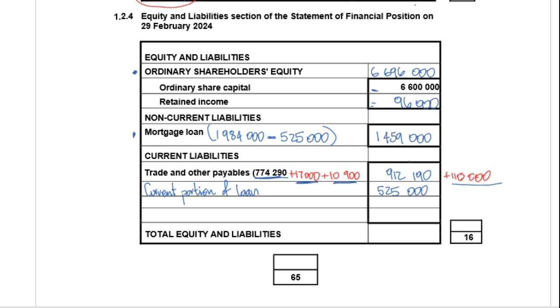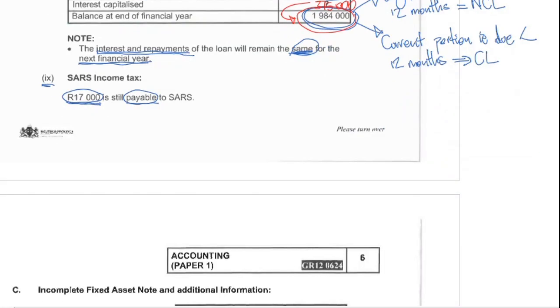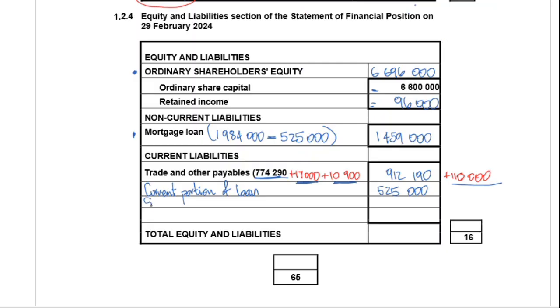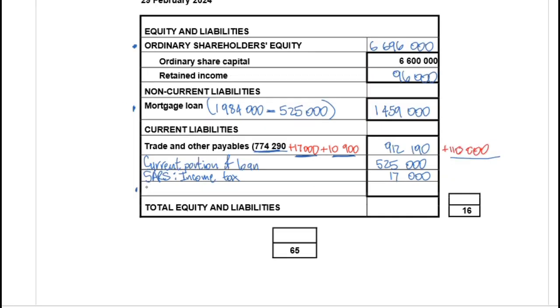The next adjustment was related to income tax. We were specifically told that 17,000 rands is still outstanding. So that is the balance that we need to show for the SARS income tax line item. As you can see, there is one more line item that needs to be filled in, and that will be the amount owed to shareholders for dividends.